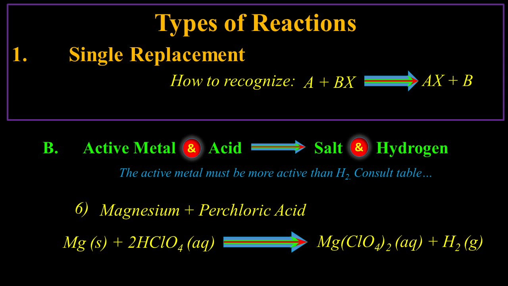So the state in which the reactants and products are in is going to become important as the year progresses. Not necessarily in Chapter 11, although we will look at that a little bit, and I will talk about that from time to time. But remember, the main theme here is predicting products, predicting the chemical reaction, and writing a balanced stoichiometric equation.